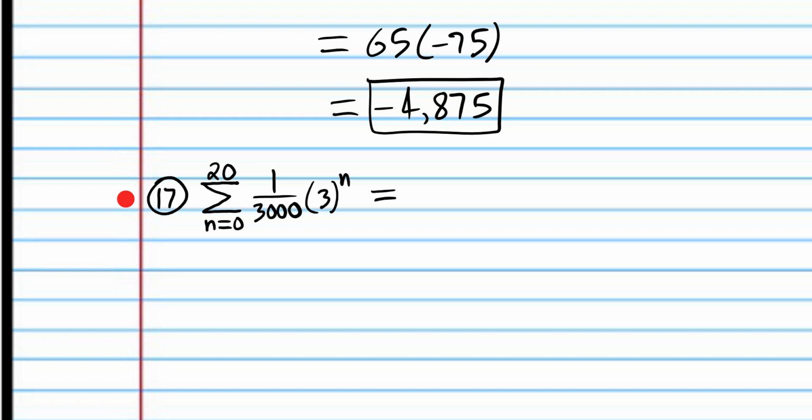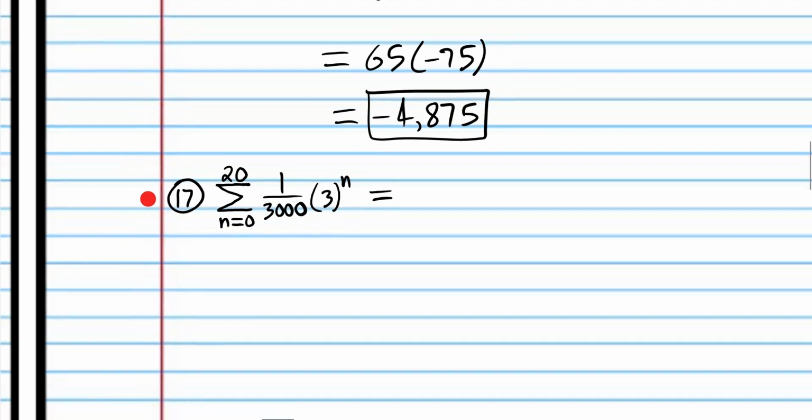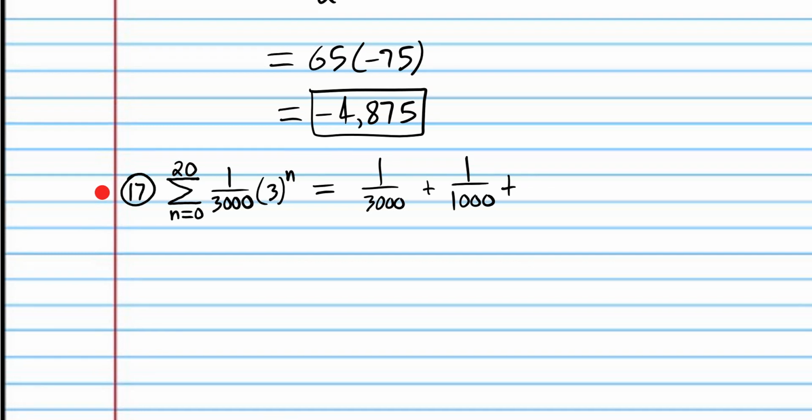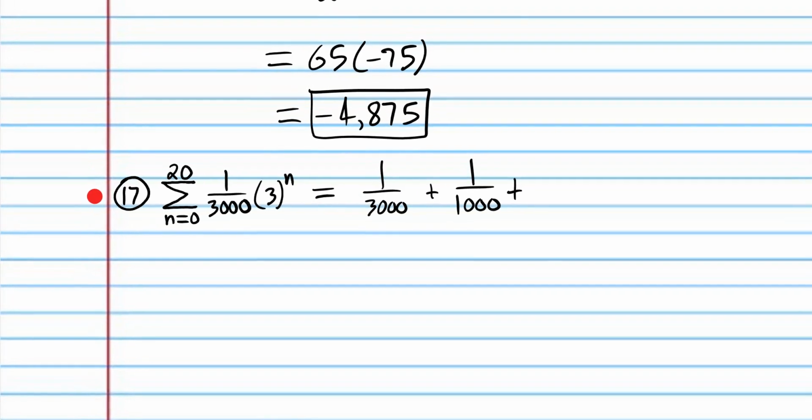So what we're going to do is find, again, the first 4 terms. We don't have time to show all the math because we have quite a few problems to do here, so I'm going to rush through this. We're going to plug in 0 for n, then 1 for n, and then 2 for n.